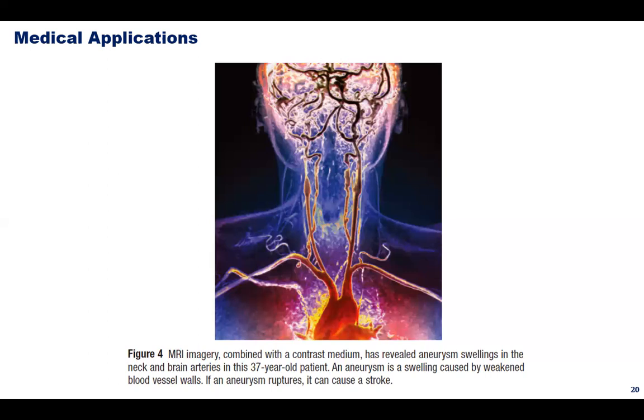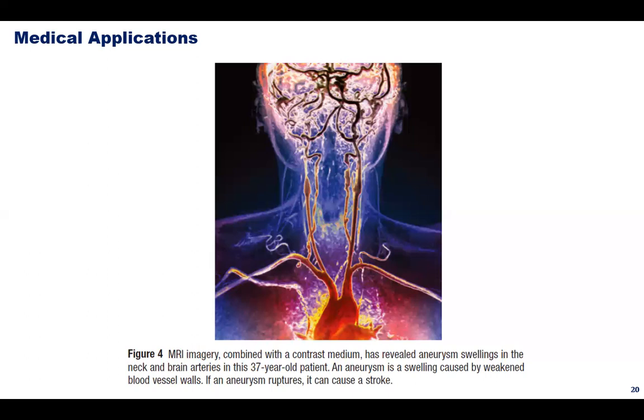The MRI device then signals information to a computer, which converts the data into an image, which is shown here in figure 4. Manipulating the gradient magnets in the MRI allows doctors to obtain three-dimensional pictures of specific body areas without moving the patient's body.